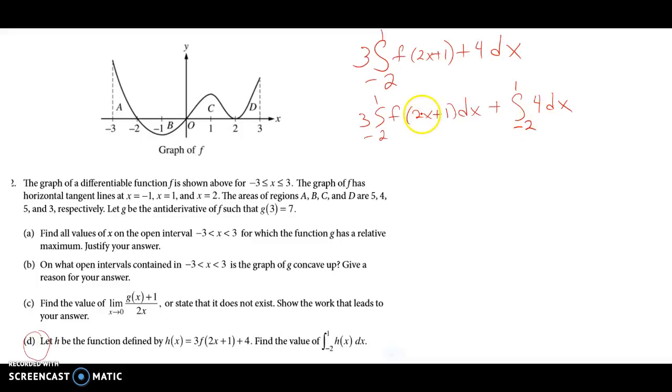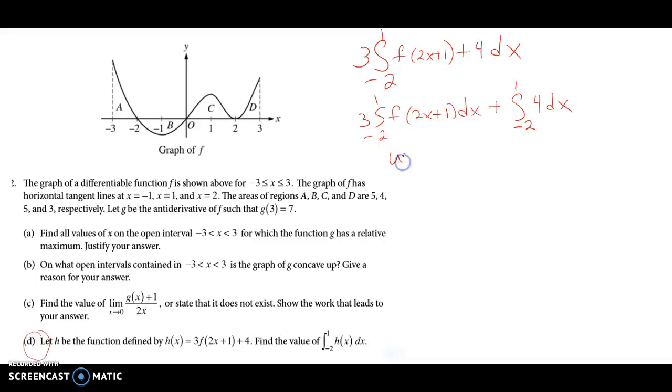This one, when all the information I have is here, I need to do a little thinking here. I need to actually rethink of this in terms of a simpler function, so I'm going to call it f of u. But I need to define that u, so in other words I'm going to use u substitution.